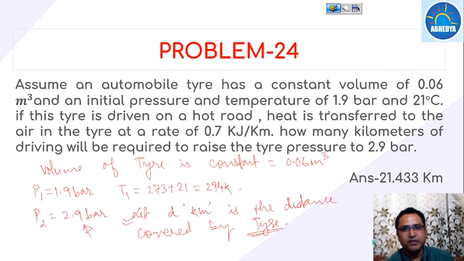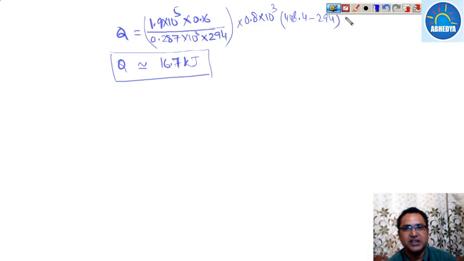In the question you have been given that 0.7 kilojoule per kilometer of heat is transferred.